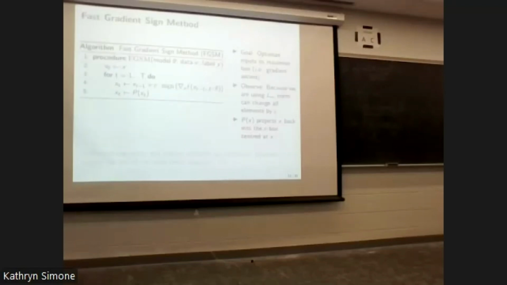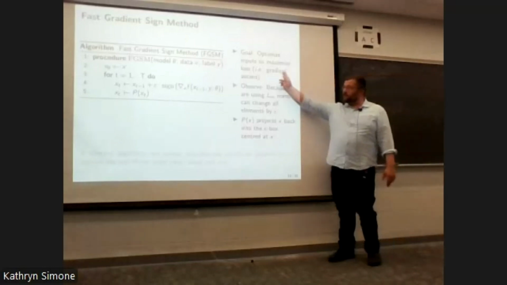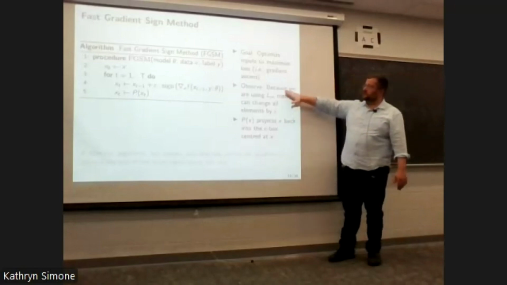So we're going to talk about an algorithm, the fast gradient sign method. This was proposed in the Goodfellow paper, the paper that the pictures of the panda come from. That was the first paper that I'm aware of that names adversarial examples, and then they provided an algorithm for how to find them. Again, the goal here is we're optimizing the inputs to maximize the loss, say gradient ascent.